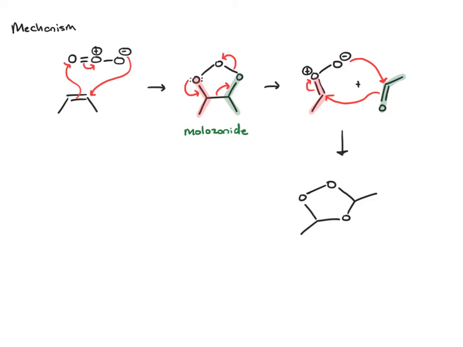And let me go ahead and highlight our red portion again and our green portion, just like that. And this species is called an ozonide. So this is as far as we get with the ozone.